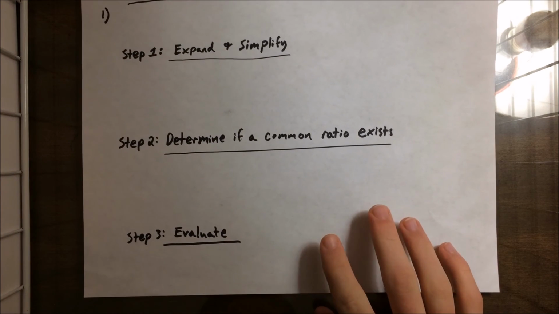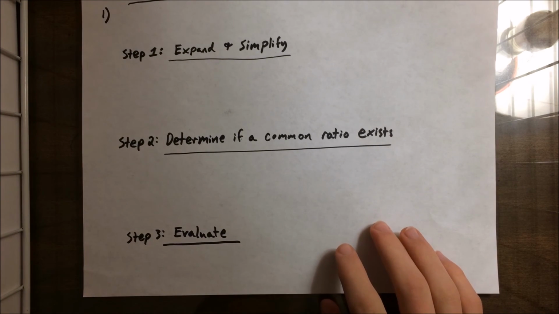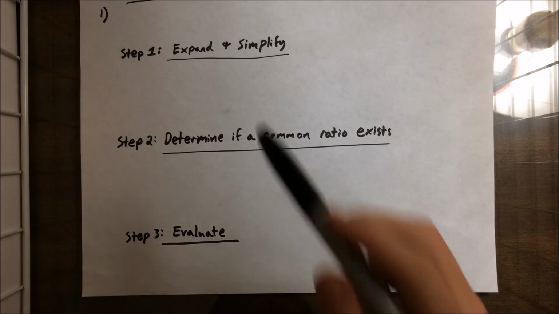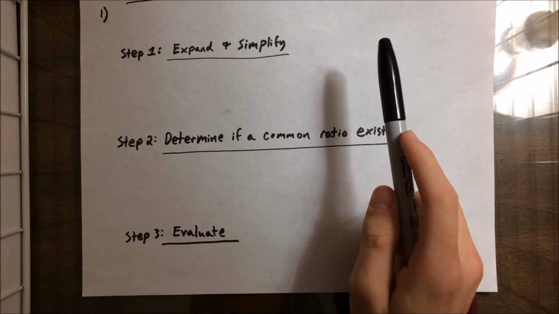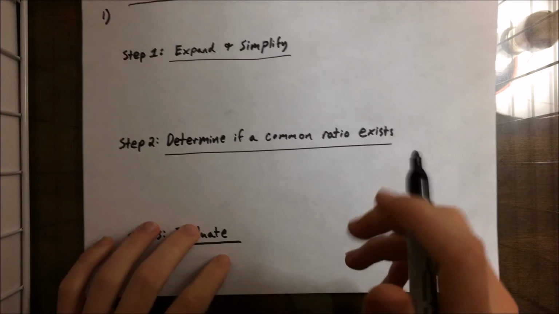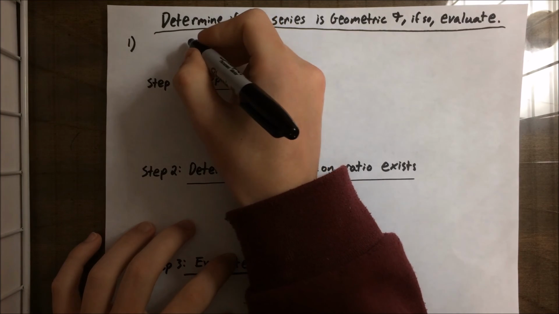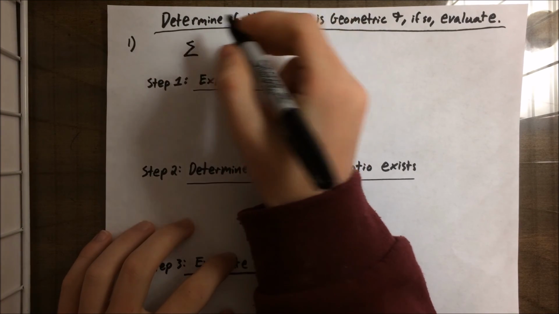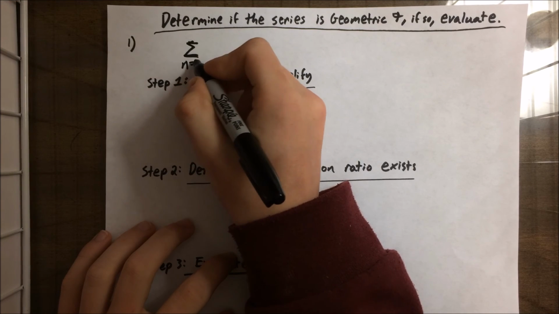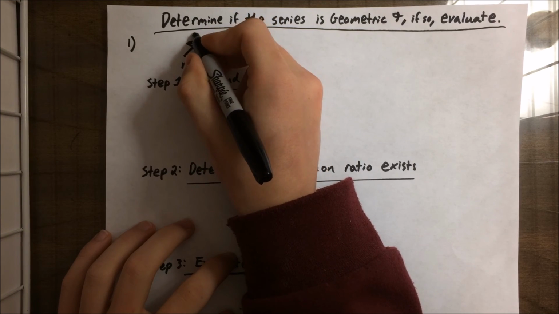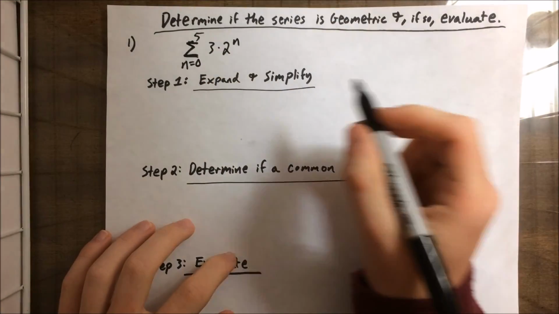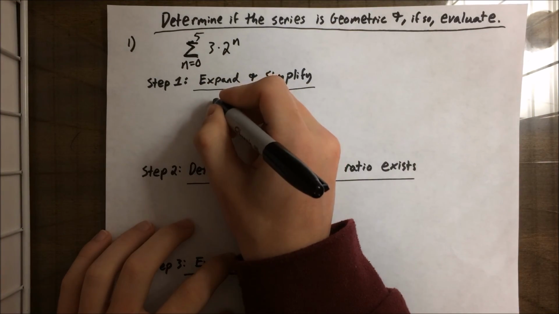Okay, so the first example is to determine if the series is geometric, and if so, evaluate. So in this series, we're going to do the summation from n equals 0 to 5 of 3 times 2 to the n. So step 1 is to expand and simplify.